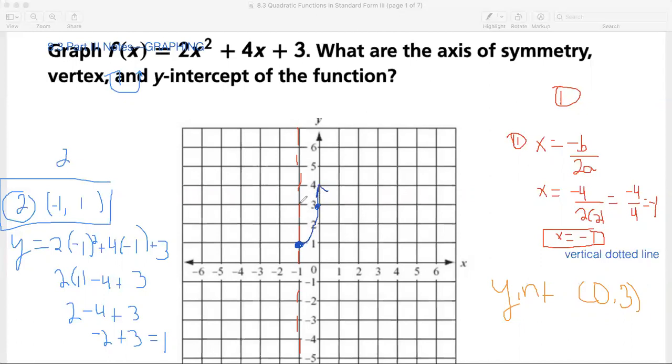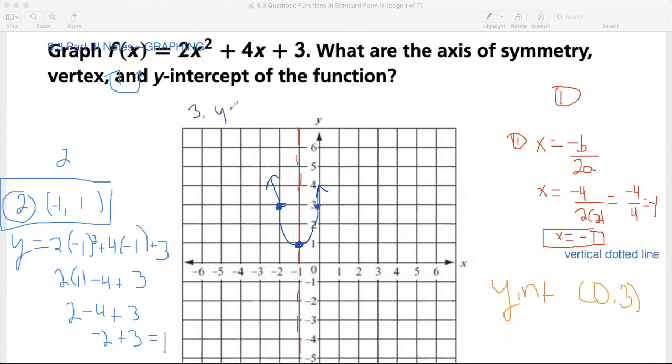It's going to go through the vertex and hit your y-intercept. From your line of symmetry to 3, it's 1 spot away, so I should expect another point over here, at negative 2, 3. And I'll prove it to you. We don't have to actually do the work because you know it's going to be perfectly symmetrical, but I can prove it by plugging in negative 2 to show that I do get 3.